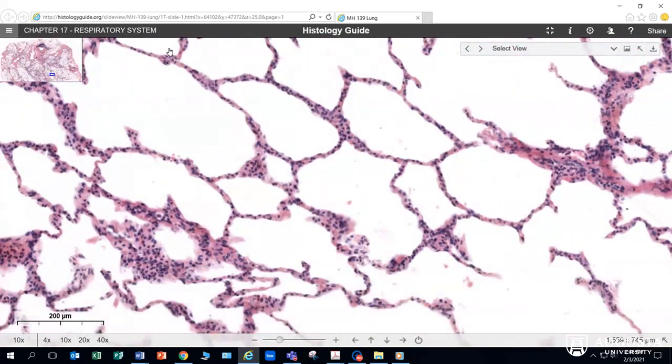A lot of times students confuse simple squamous epithelium with adipose tissue. And I would caution you when you're trying to compare the two that you will see this large bubble structure, this air sac looking structure in the adipose tissue, but pay attention to the nuclei. In simple squamous epithelium, we see nuclei all the way around this large white structure.